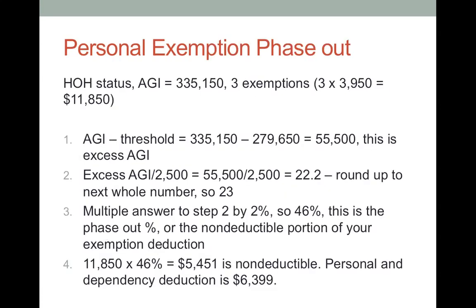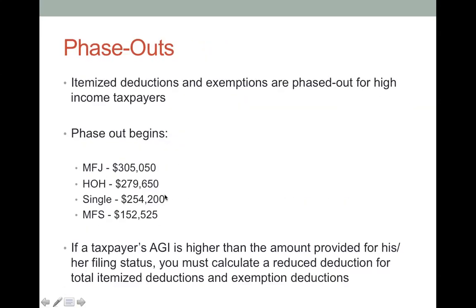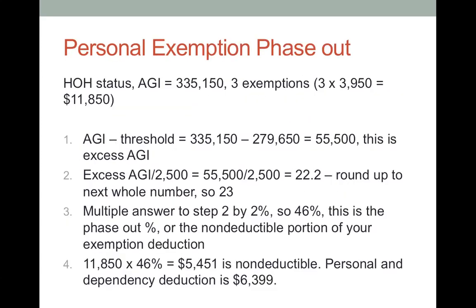Personal exemptions are also phased out. The phase out is a little bit different, but the thresholds are the same. So we still use these thresholds. These are the ones that matter to figure out if your exemption deduction is limited. In this example, we have a taxpayer that's filing as head of household. Her AGI is $335,150, and she has 3 exemptions.